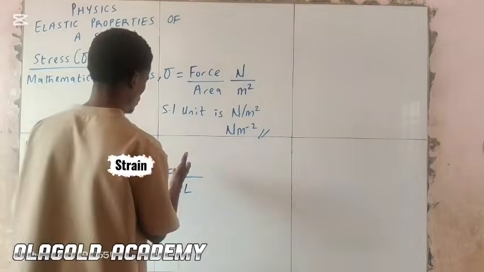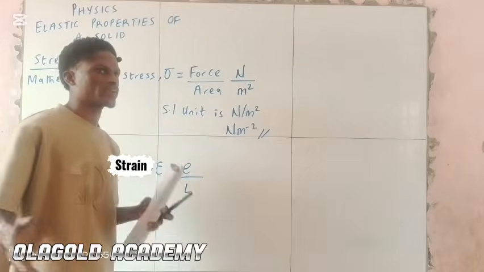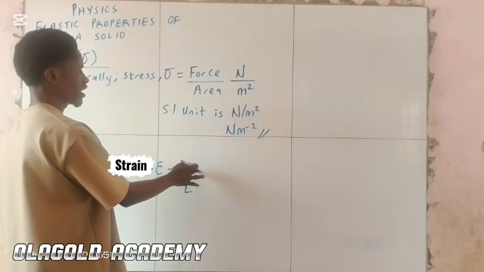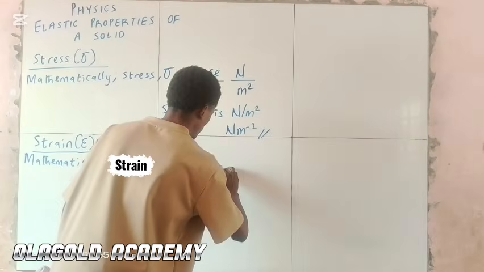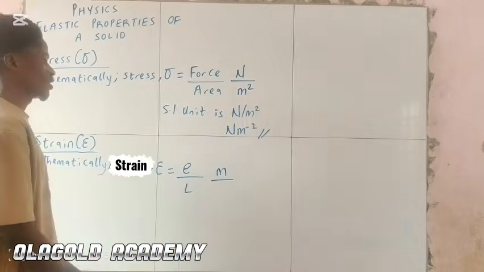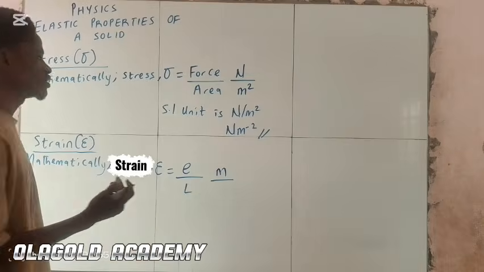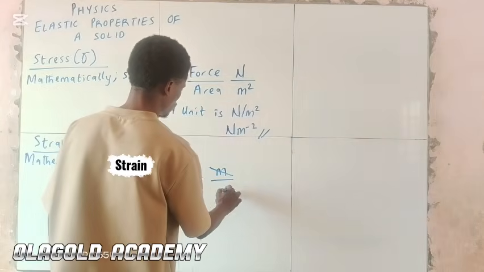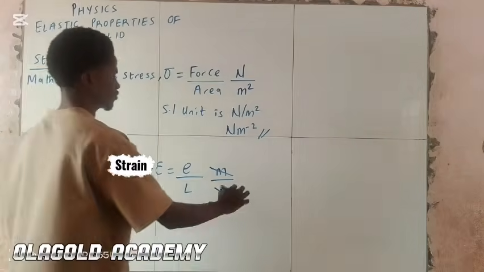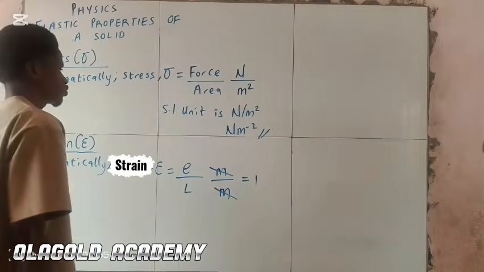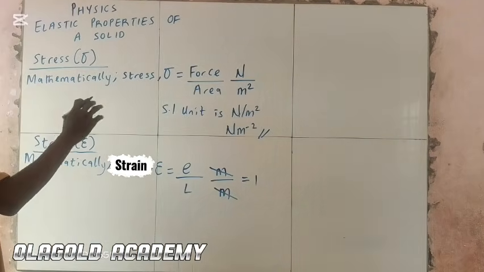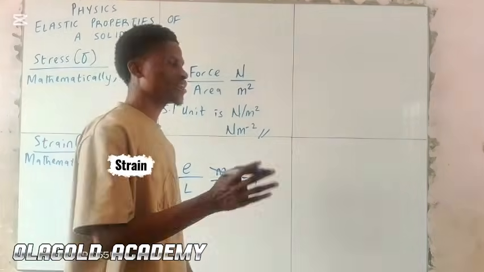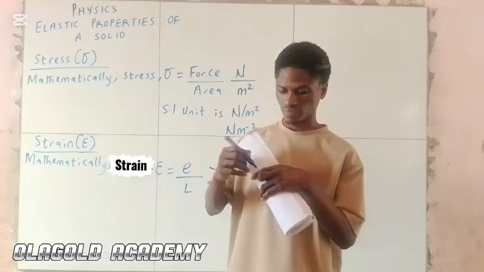Remember, the extension is a kind of length also, but it's an extended length. So we measure this extension in meters over length, which is also measured in meters. Meters cancel out meters, so we have 1. So we can say that strain has no SI unit. It is a dimensionless quantity.